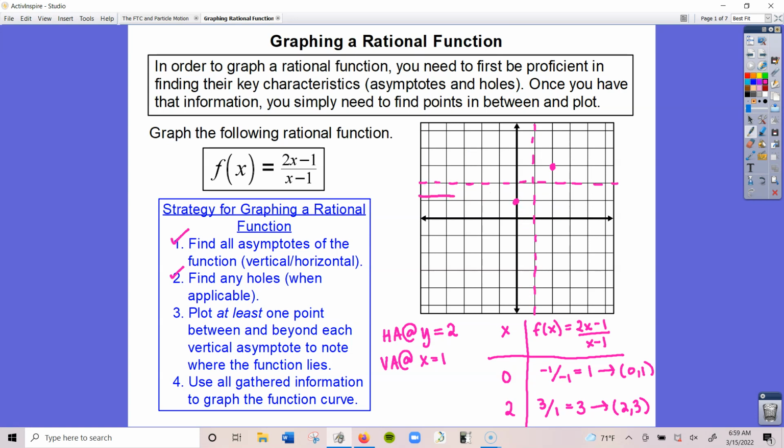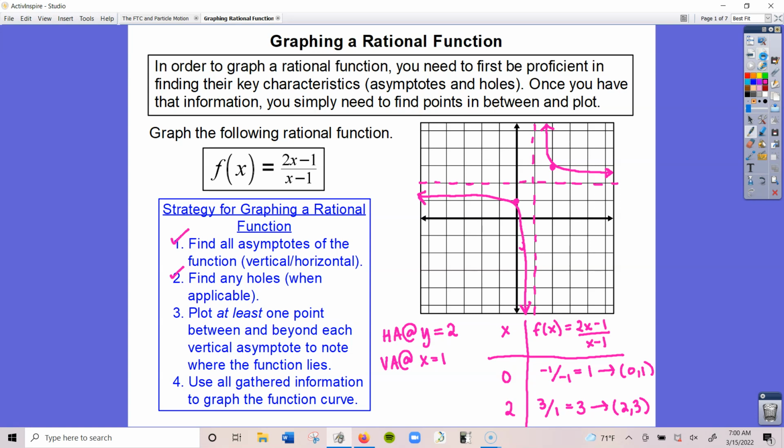So it's got to curve like this. And then since this point is up here, it's going to be above the horizontal and to the right of the vertical, so it's going to curve this way. And this would be my rational function.